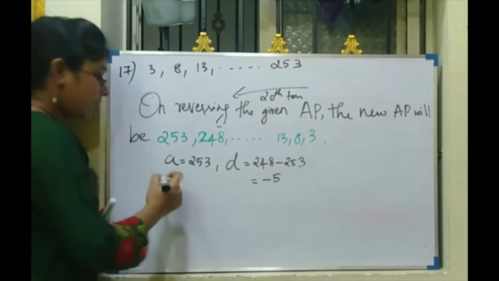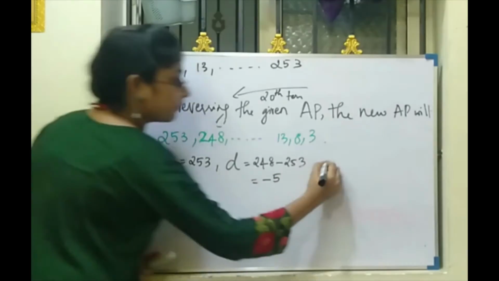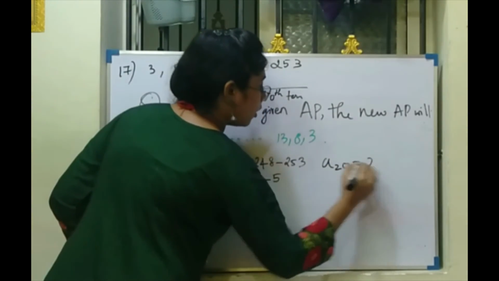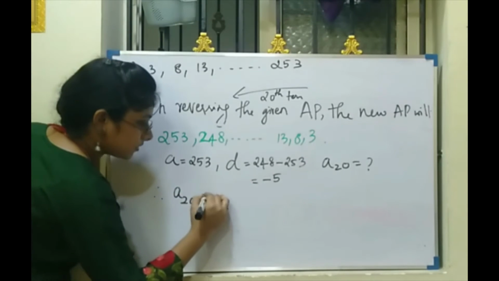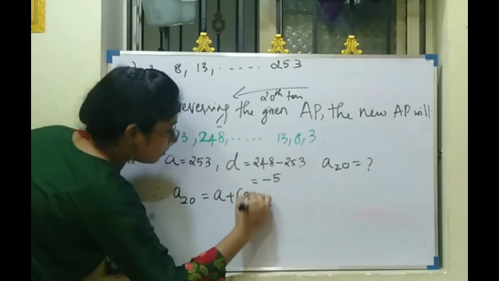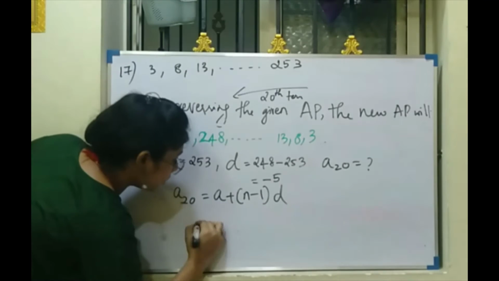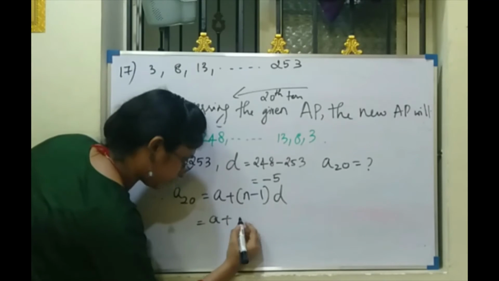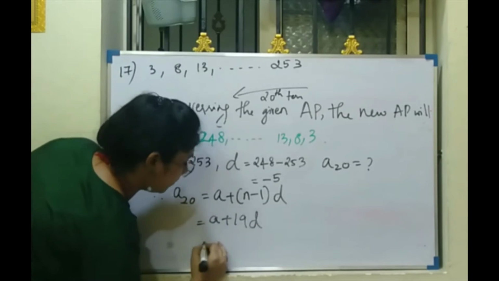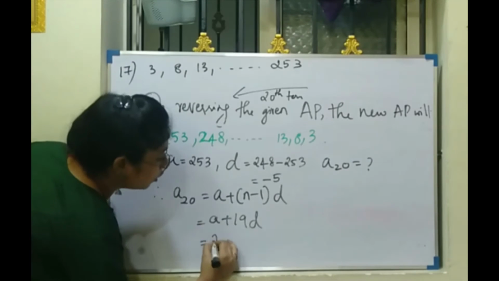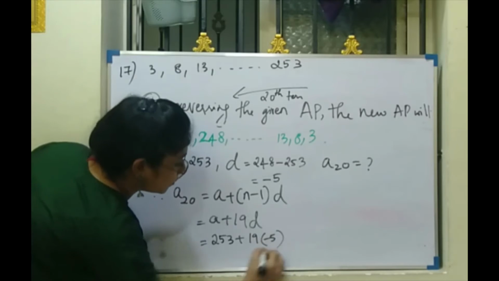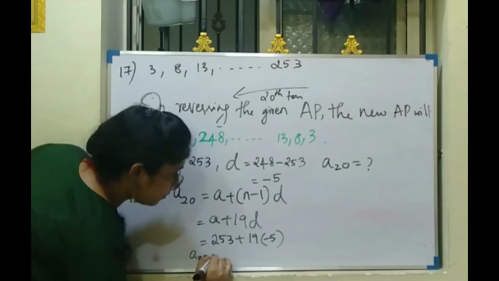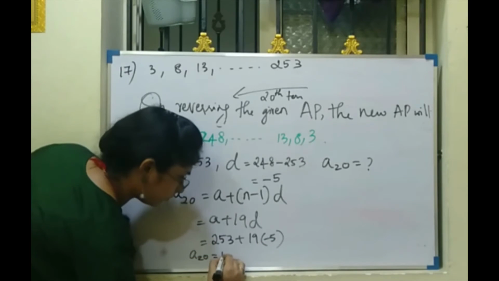Now we have to find the value of A20. Therefore A20 is equal to A plus n minus 1 into D, which is equal to A plus 19D. Here it is 253 plus 19 into minus 5 and your A20 value is 158.